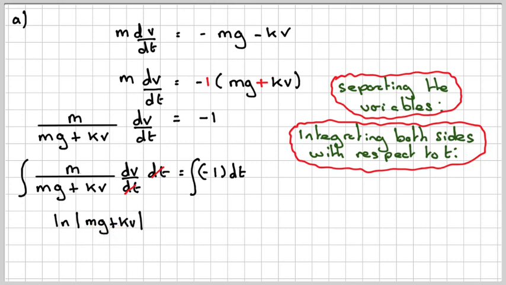So we're going to have to compensate for the m from the m here by putting an m over k. If you're not sure about this bit, pause the video and practice differentiating this bit for yourself, and you'll see that you'll have to put that in. Now if we integrate minus 1, we're just going to get minus t plus c.